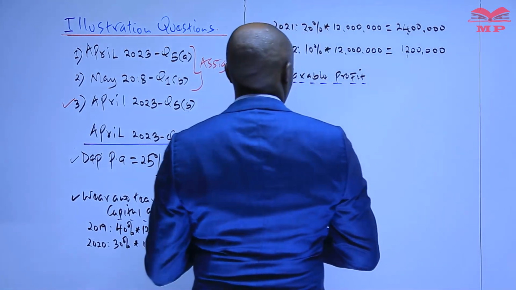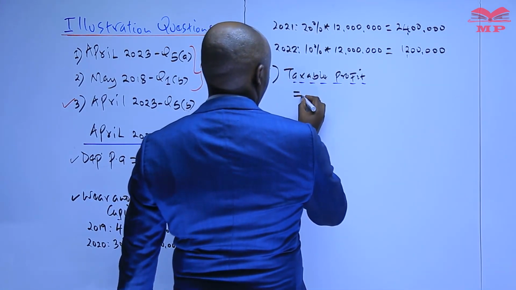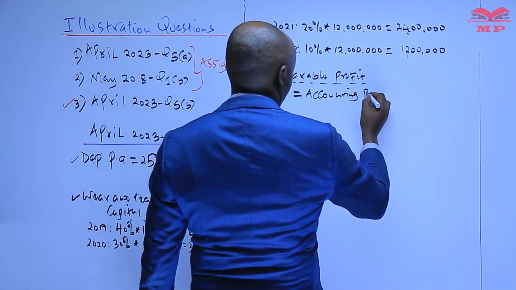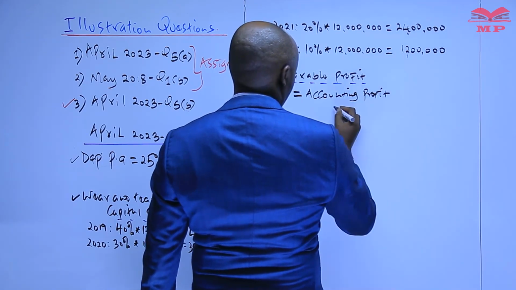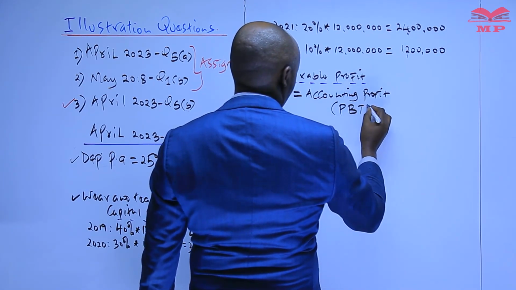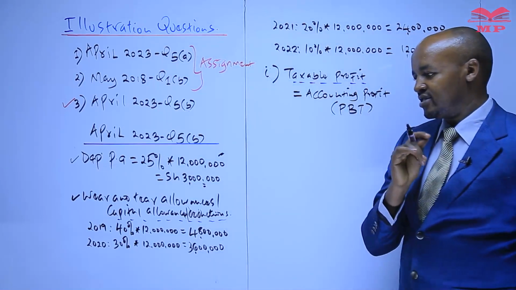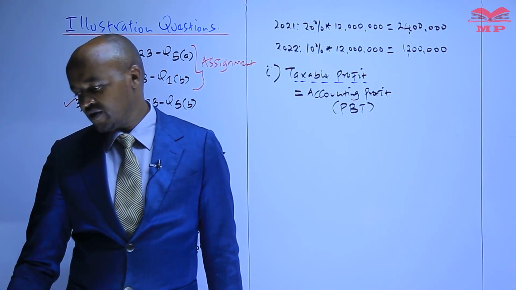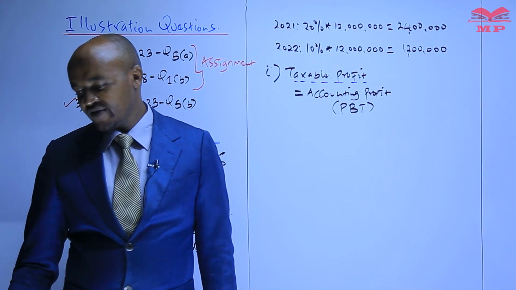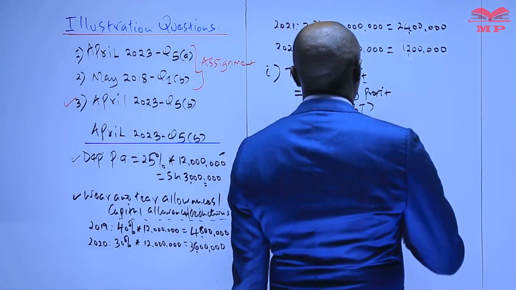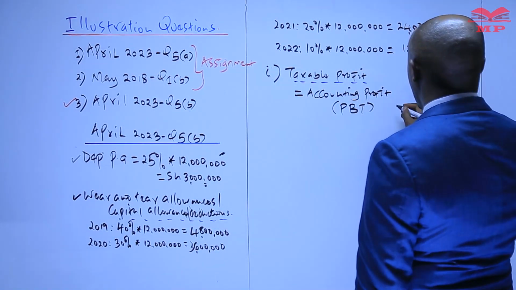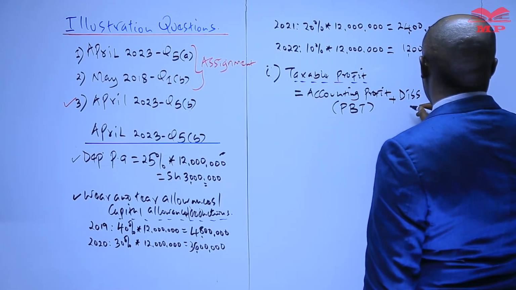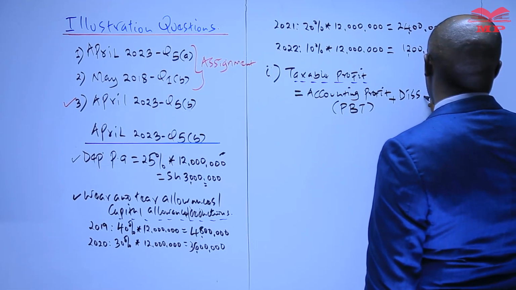To compute the taxable profit, we take the accounting profit which is given there. The accounting profit, in other terms, is the profit before tax. Remember, I've said that the question had a slight typing error. It was supposed to be profit before tax and not profit after tax. So we take that profit before tax, and then to this we add back the disallowable expenses.